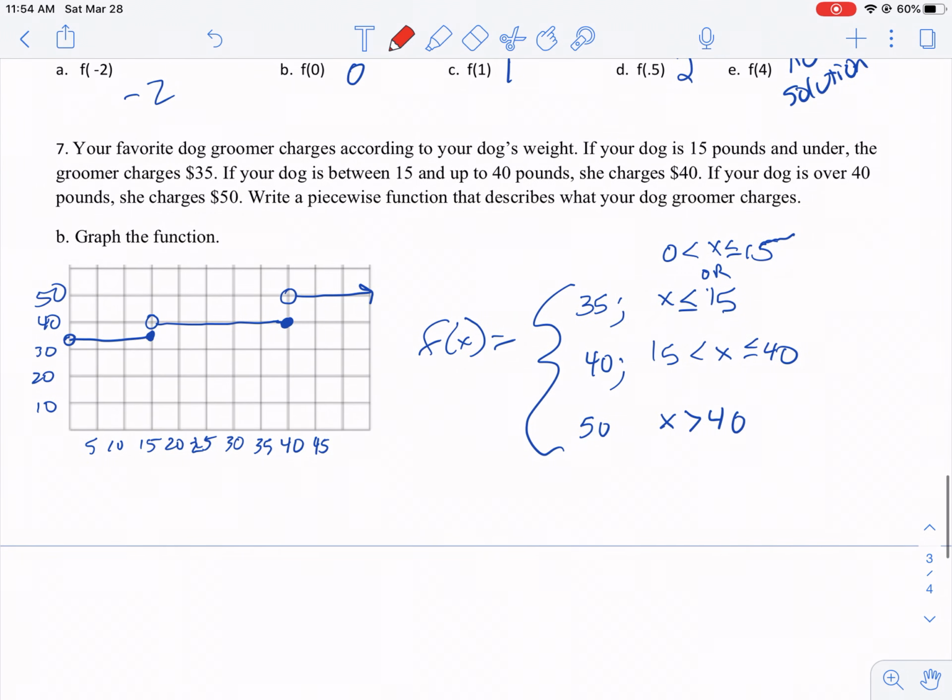Number 7, a word problem that gives you a step function. This in here, I think you would take either one, but you don't pay if you don't have a dog to groom, and you can't have a dog that weighs 0 pounds. So I put an open circle here to suggest that a dog that doesn't weigh anything, aka no dog, wouldn't cost you money.